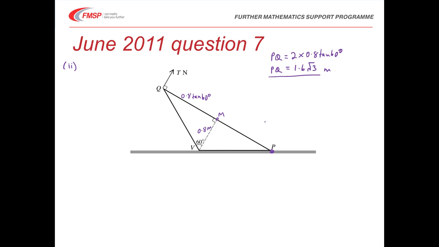I'm also going to need to know the length VP. So from V to P, what do I know in here? Once again, I know the 0.8 and I know this angle is also 60 degrees. If VP was the hypotenuse, then VP cos 60 is 0.8.